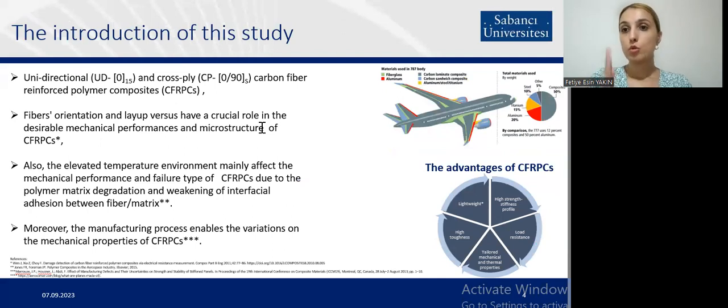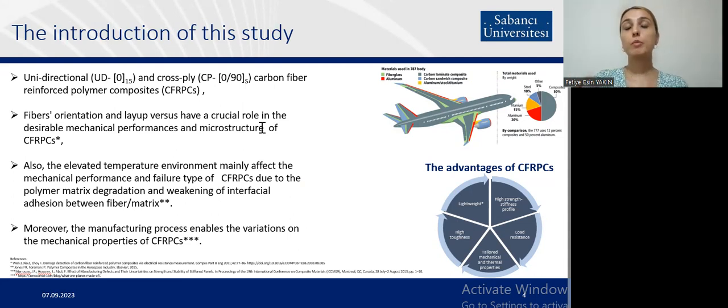In the figure, you can see the Boeing parts and what materials are used in the Boeing body parts. Composites have the highest percentage of usage in the Boeing body, and also in aerospace, defense, and aircraft applications.